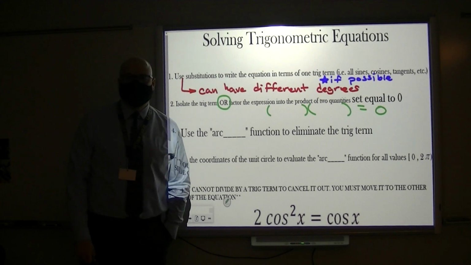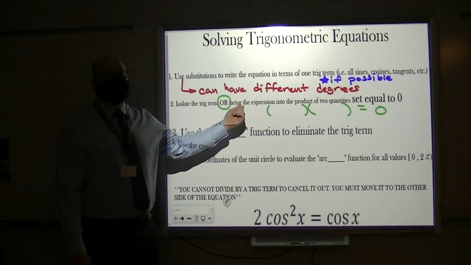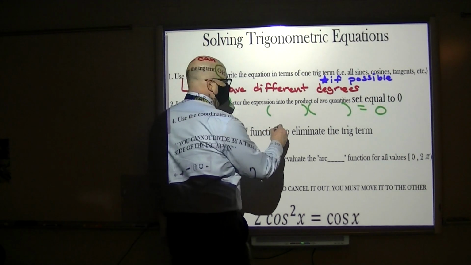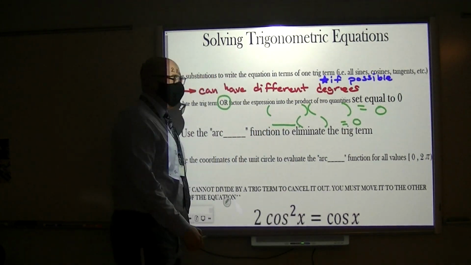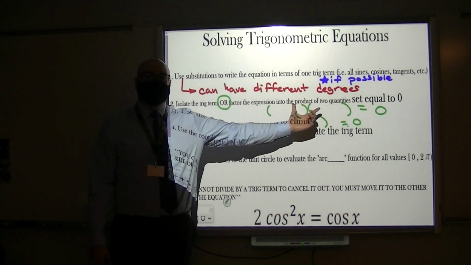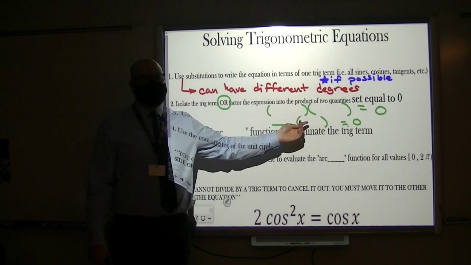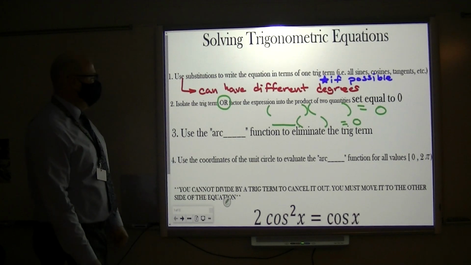Or maybe you have a term that you factor out, where you have something on the outside times a quantity set equal to 0, where you have a product here. It could be the product of 2 binomials. It could be the product of a binomial and a single term. We'll see instances for both.